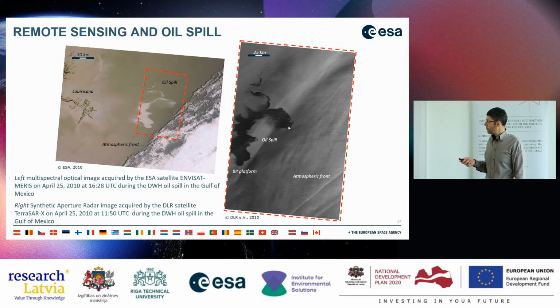Then you also see, comparing the two images, that there is an atmospheric front that is moving, which basically moved this big polluted ocean surface towards the land coast.